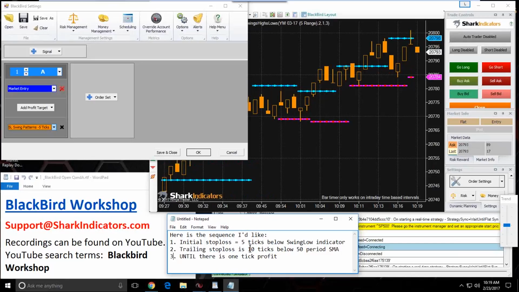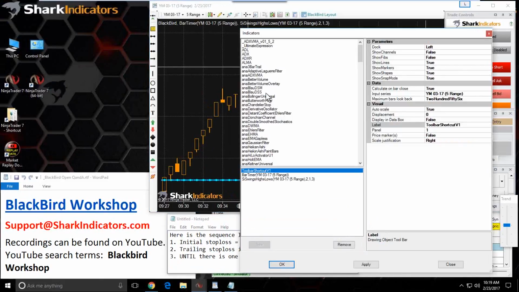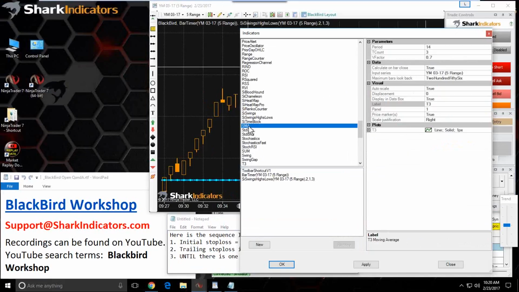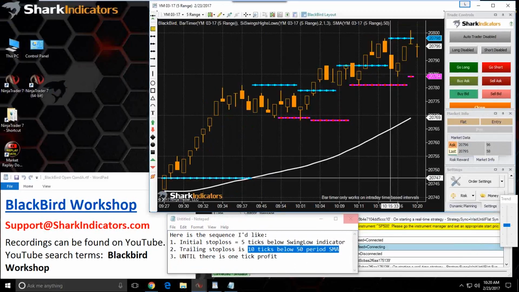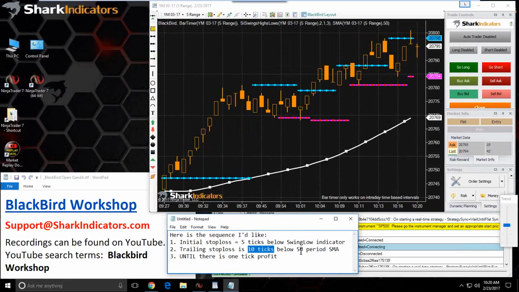We want a trailing stop loss 10 ticks below the 50 period SMA. So let's put the SMA on the chart as well. Okay, there's our SMA, and we want 10 ticks below the SMA.